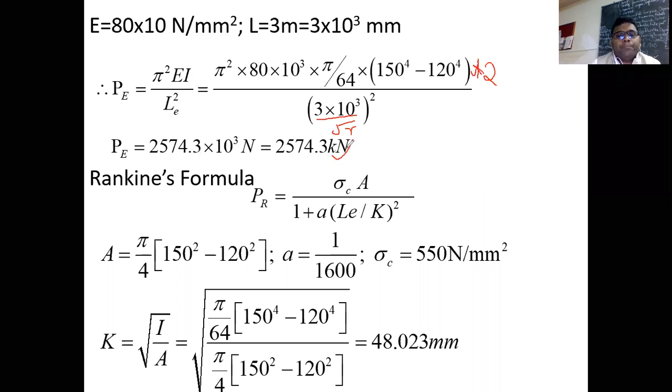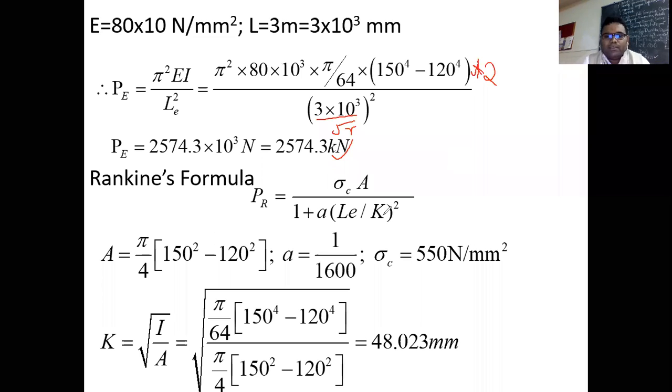You know the Rankine formula: PR is equal to sigma c A upon 1 plus a into (Le upon k) whole square.